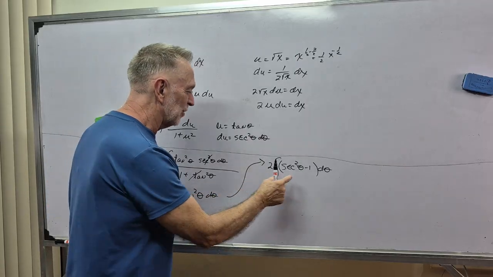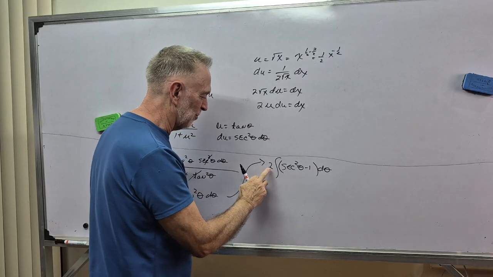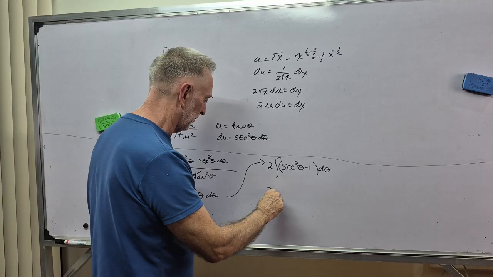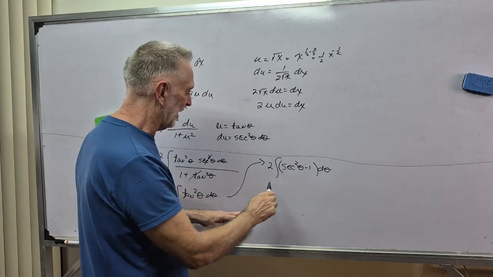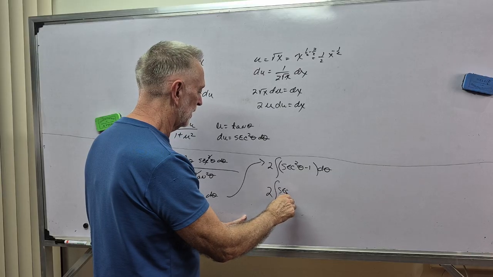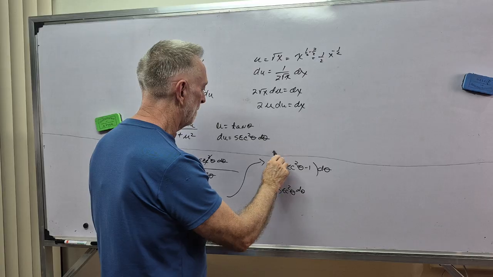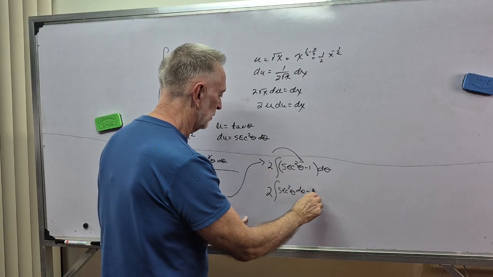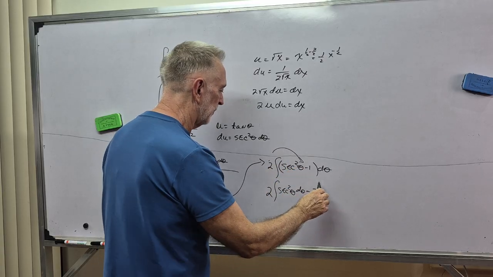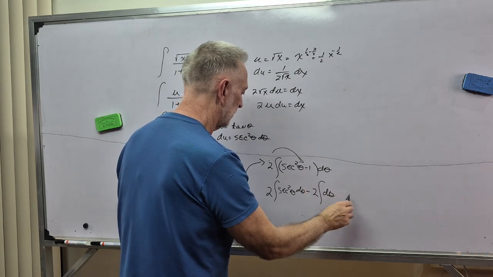So I'm going to change this into 2 integrals such that I don't lose sight of that 2. Something I have to do, okay? That's 2 times the integral of secant squared theta d theta minus 2 times the integral of 1 d theta.